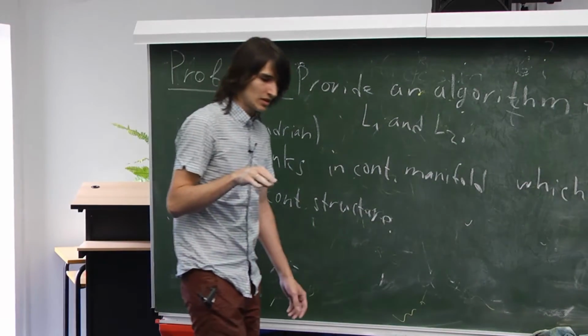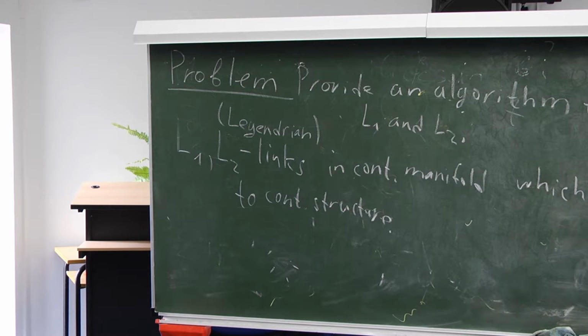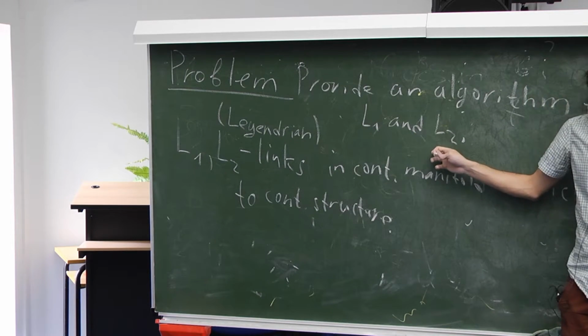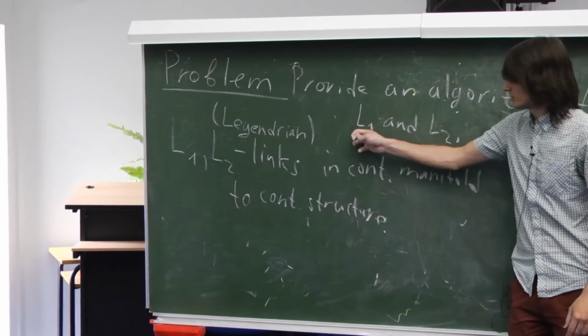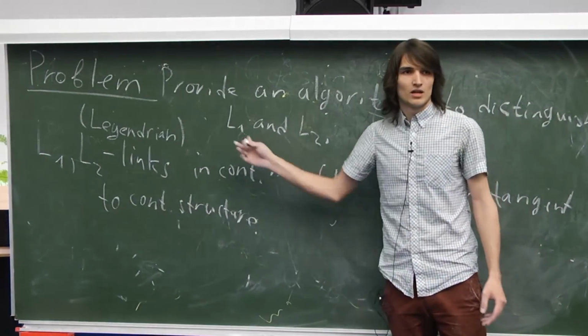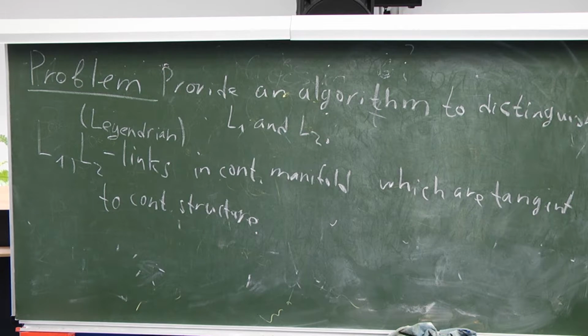L1 and L2 are called the same if there is an isotopy from L1 to L2 in the class of Legendrian links. So if you can deform one Legendrian link to another in the class of Legendrian links, then they are called the same.